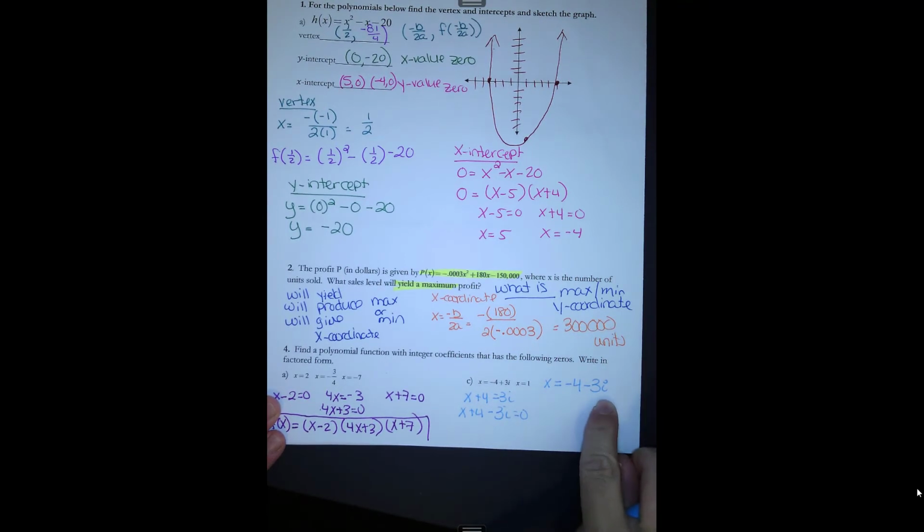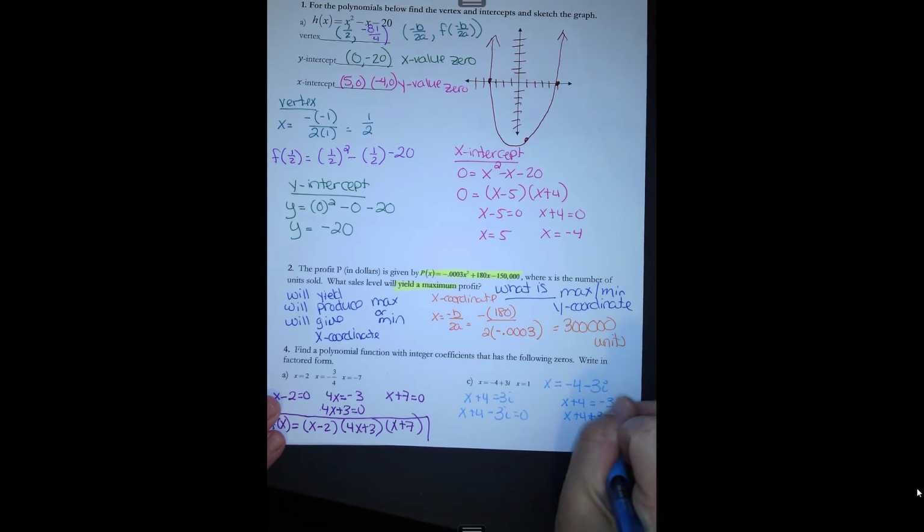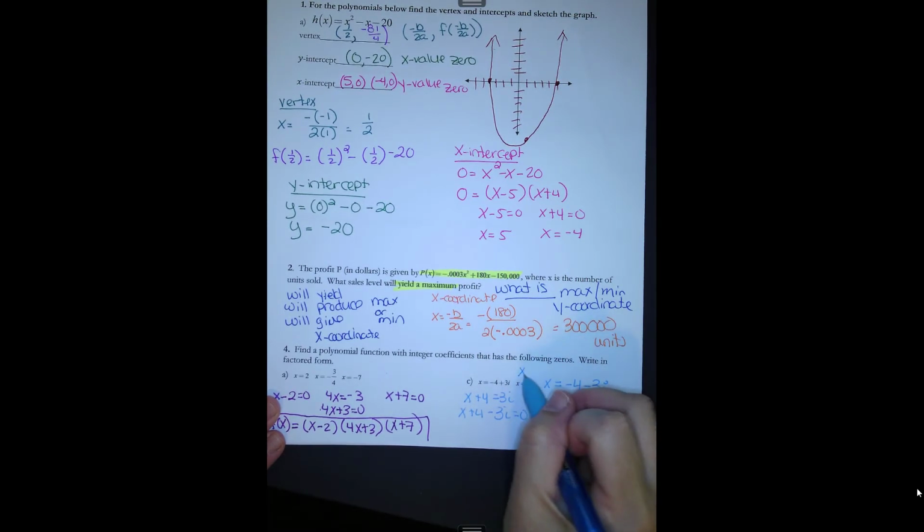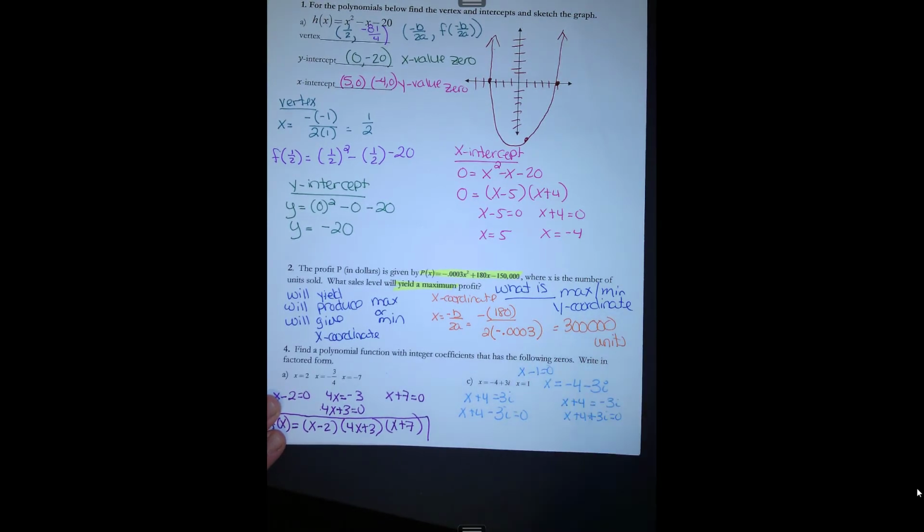I'm going to go ahead and do this one next. So then this is x plus 4 equals negative 3i. x plus 4 plus 3i equals 0. And then this one is x minus 1 equals 0. So here are the three factors.